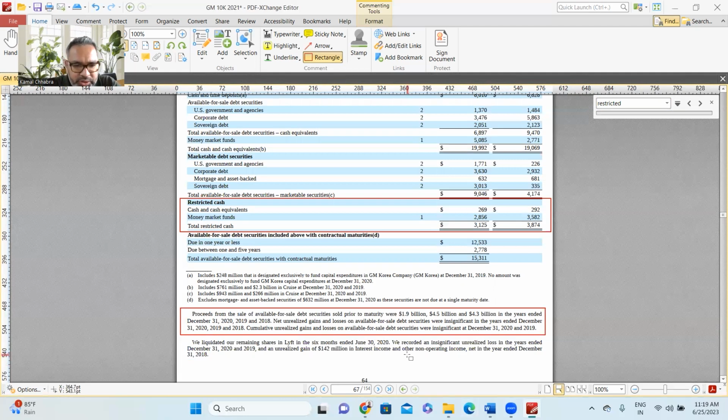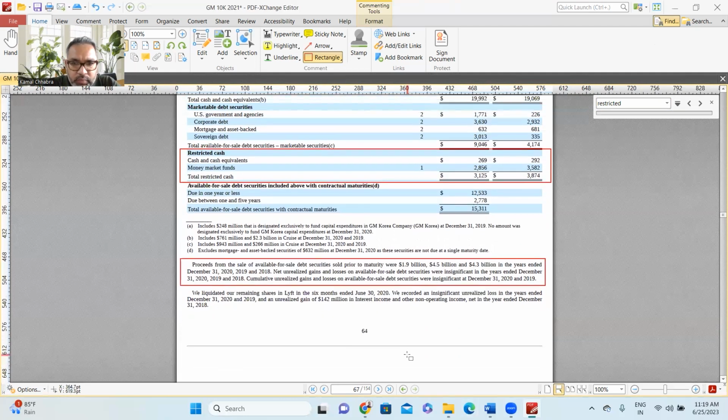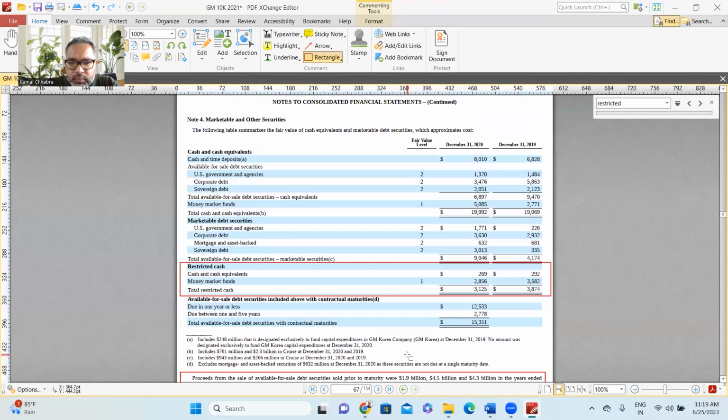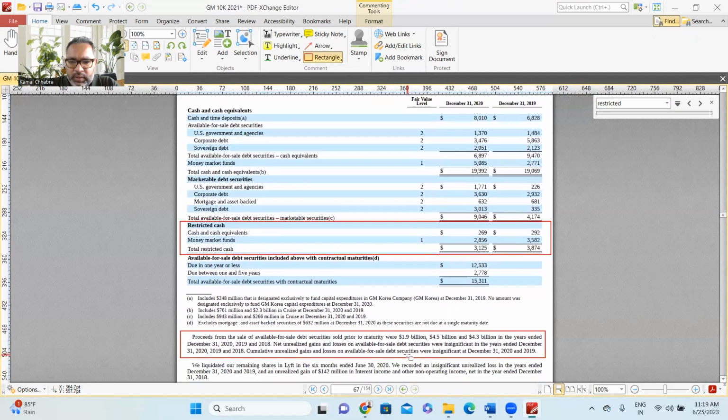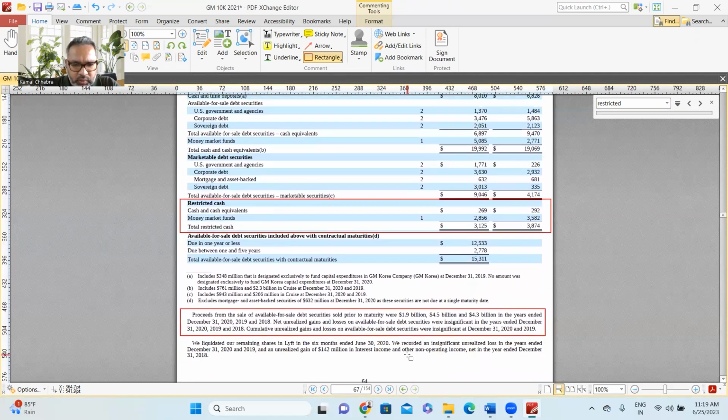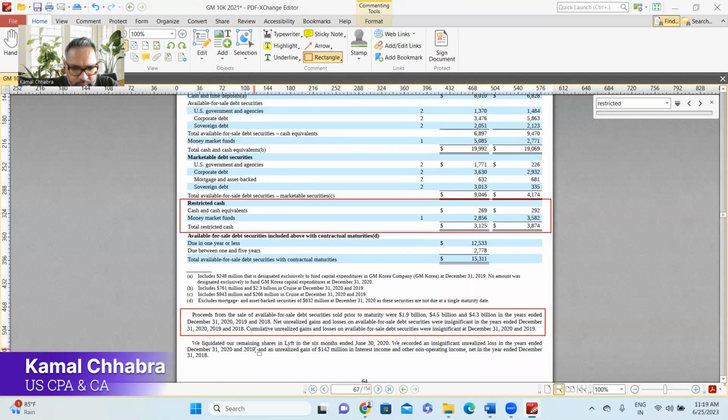So if you see, there is explanation 1. No, sorry, it's a fair value level 1. Okay, it's a fair value level 1 because they are either in actual cash or proceeds from the available for sale securities, and we liquidate the remaining within 6 months.